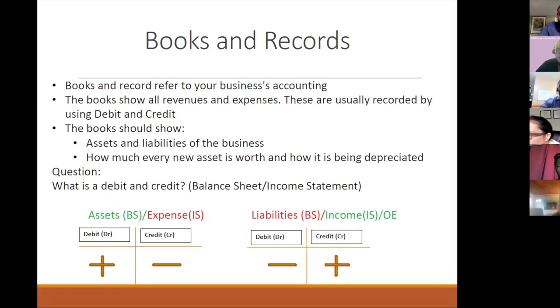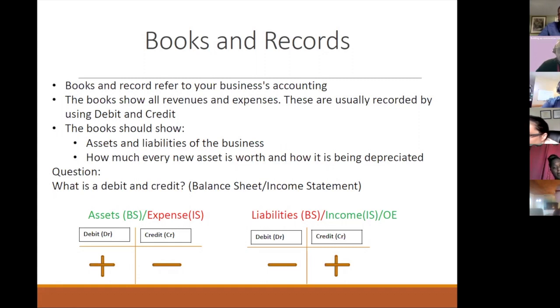And what can you debit that is going to be equivalent? Either it's going to be a liability. Let's say you have a rent payable of $600, and you pay that, it's going to decrease. What about if it's an expense? If you decide that you're going to debit an expense, you also decrease your expense.